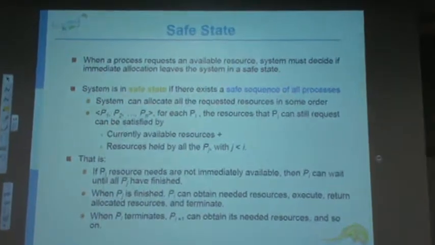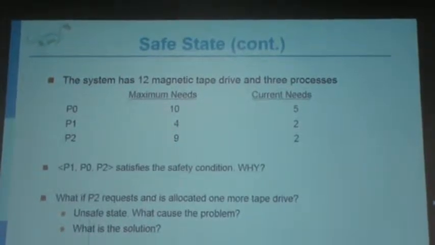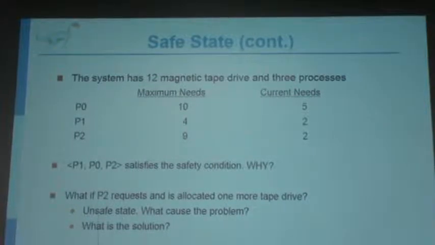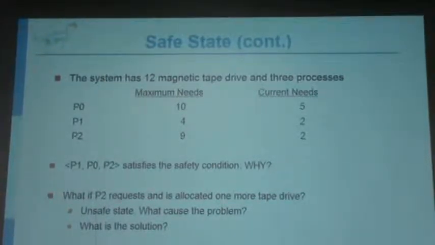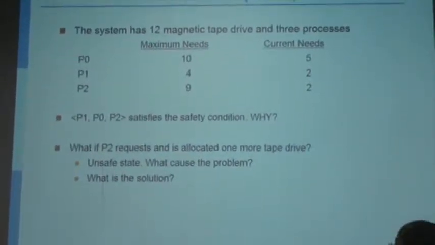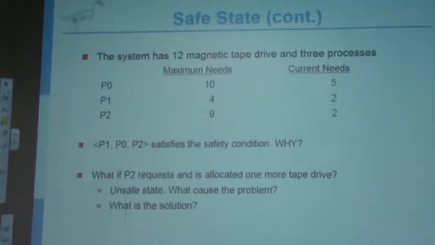Safe state means, for example, this is a simple example. We have three processes. Let's think about magnetic tape, which is not used currently, but there are systems that have many magnetic tapes for backup. So we have 12 magnetic tapes. Process 0 needs a maximum of 10 magnetic tapes.